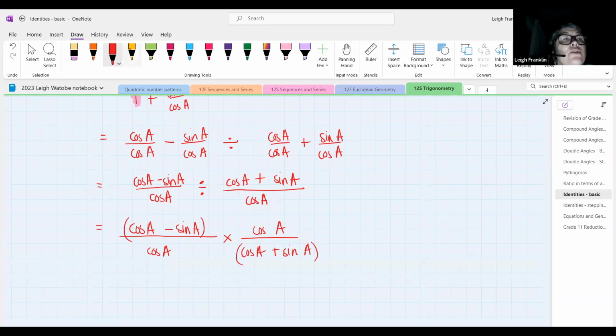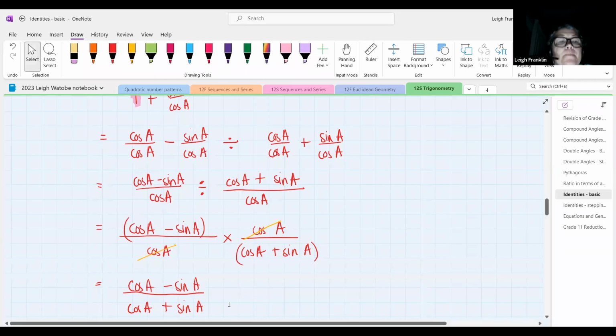I'm not allowed to, because then I would be breaking mathematical rules. But I am allowed to say that cos A divided by cos A is 1. All right, and now I would have cos A minus sine A times 1 at the top over 1 times cos A plus sine A down at the bottom.